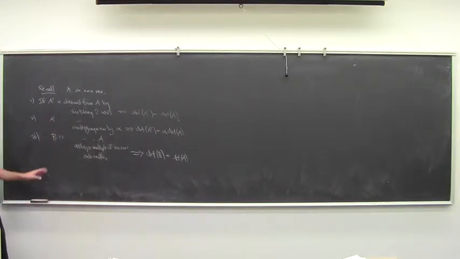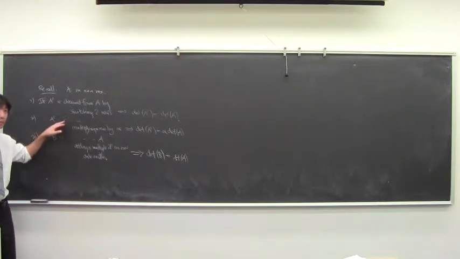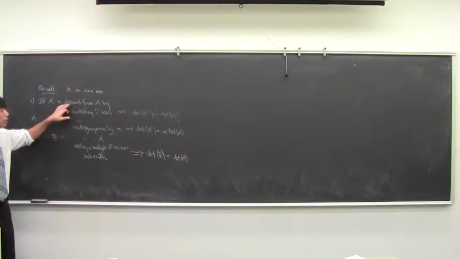Let's remember how we proved the others. This one was easy, right? Multiplying a row by alpha caused the determinant to be multiplied by alpha, right? You just took the cofactor expansion down that row, right? This one, do you remember how we did it?